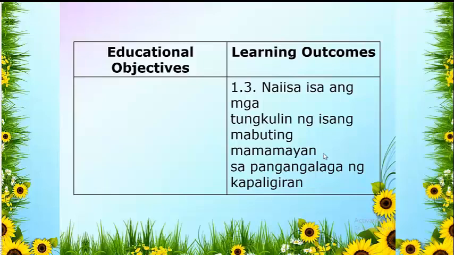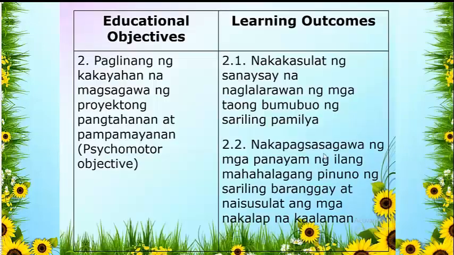Another example, second example, the educational objective is paglinang ng kakayahan na magsagawa ng proyektong pantahanan at pampamayanan. So this is now under psychomotor objective, to which the learning outcomes might be, first, nakasusulat ng sanaysay na naglalarawan ng mga taong bumubuo ng sariling pamilya.